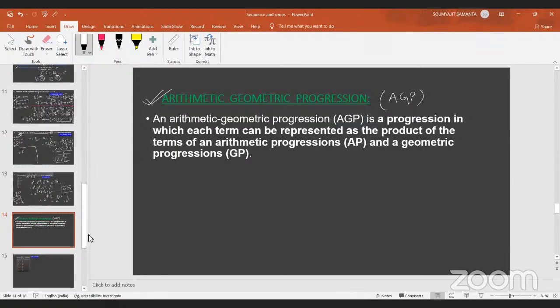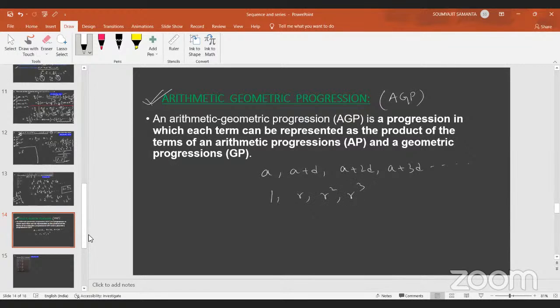For an example, like let's say a, a plus d, a plus 2d, a plus 3d, this is in AP, and the GP, that is nothing but a, ar. Let's say I'm taking 1 so that you can understand better, 1, then r square, then r cube.